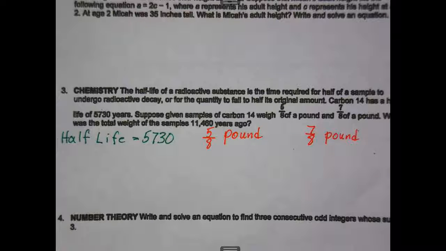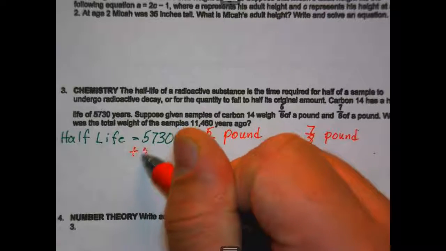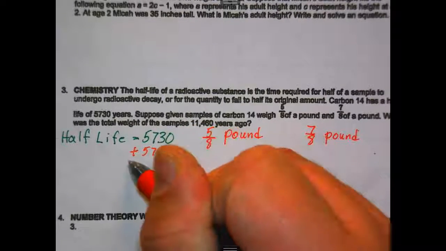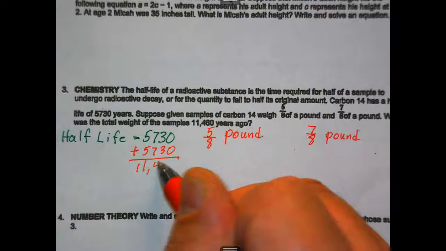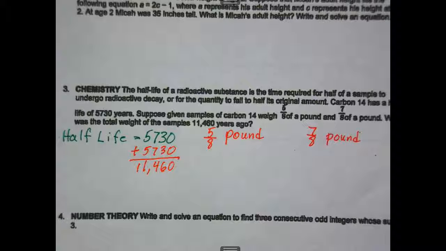There are 2 half-lives. If I were to add another 5730, it is 11,460. So it's 2 half-lives ago they want us to find the weights. So I'm going to multiply their weights by what number?